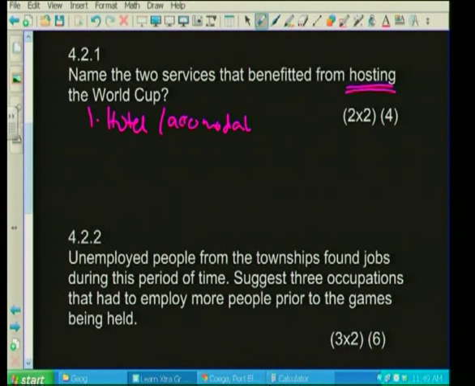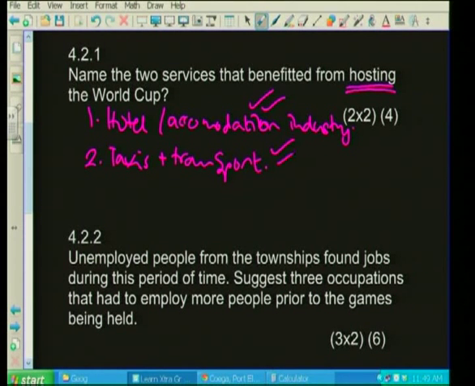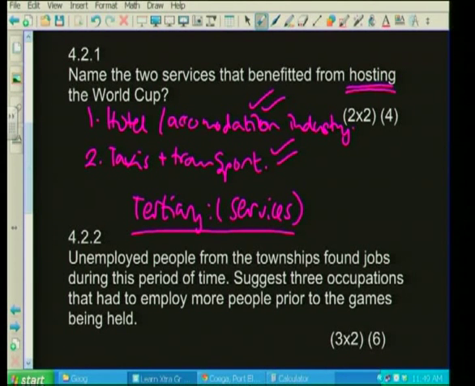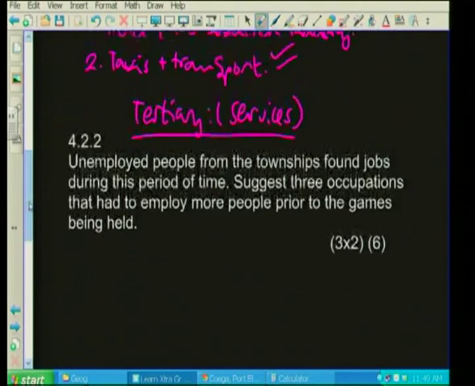And remember, the hotel or accommodation industry is a tertiary sector of our economy because it provides a service. And secondly, also things like taxis and transport. People had to get around. They flew from city to city for various matches using our airports and our aircraft. So those sorts of things here. Anything that you speak about which is related to the services or the tertiary aspect of the economy is going to get you 4 marks for question 4.2.1.